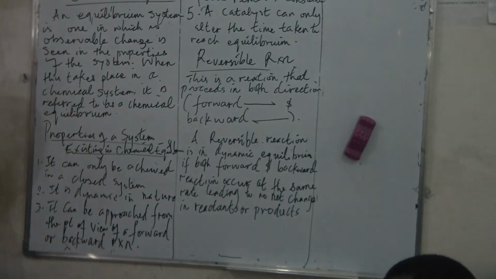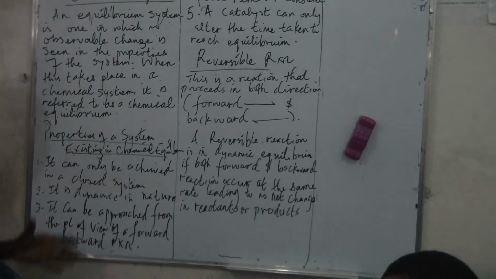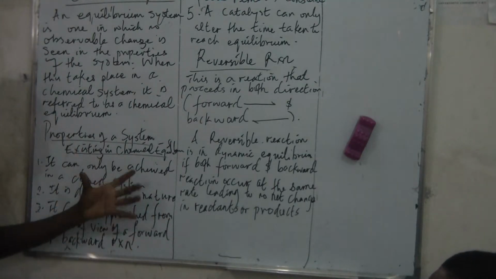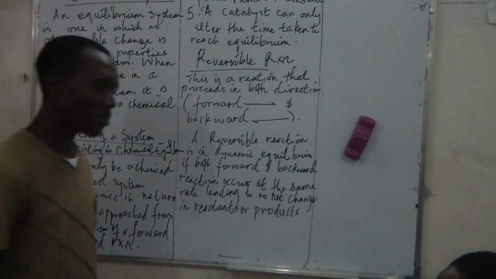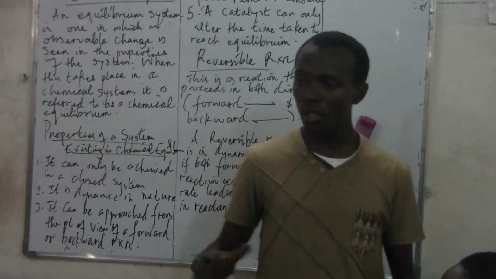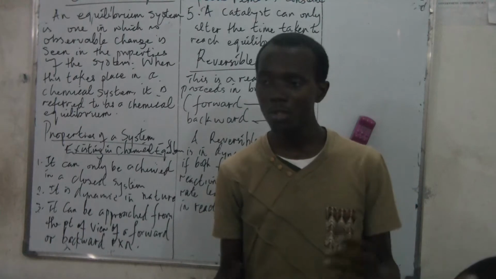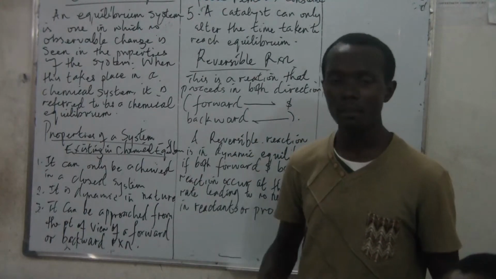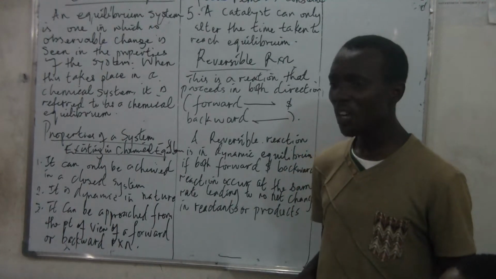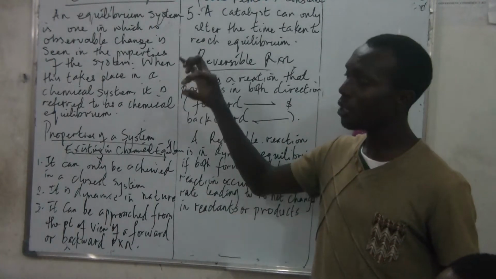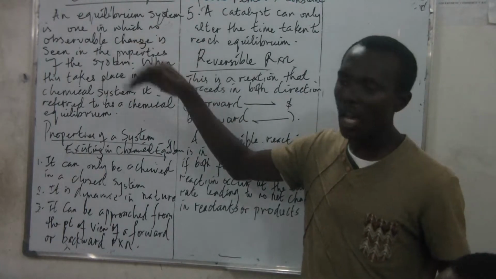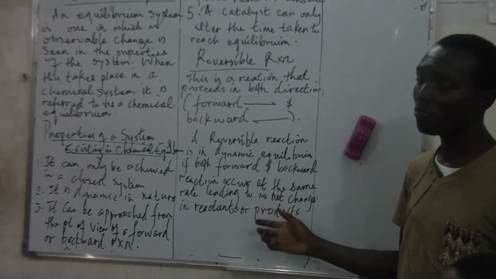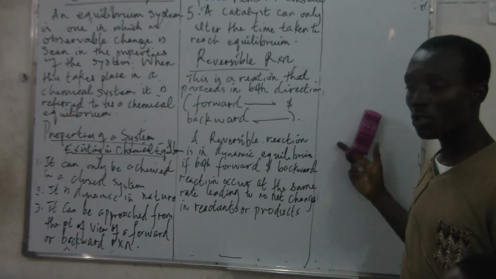The first condition is that it can only be achieved in a what? Closed system. You cannot have equilibrium in an open system, a system where there is an outlet. When we prepare our laboratory apparatus and we're synthesizing a particular chemical substance, if there is an escape tube carrying the product away to be condensed, then equilibrium cannot be achieved because the products are being reduced.